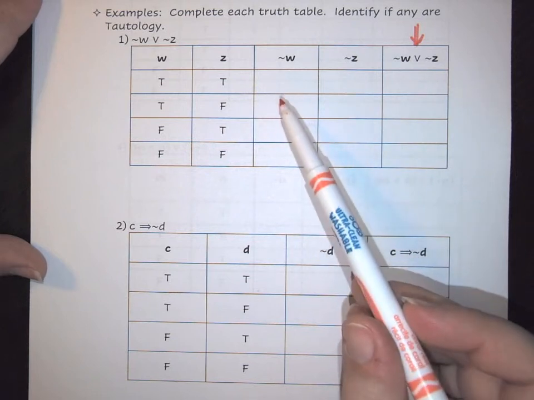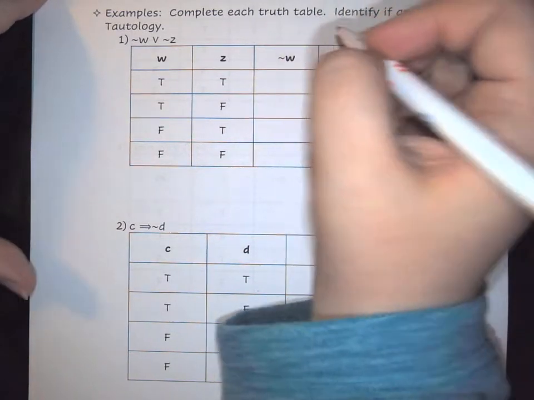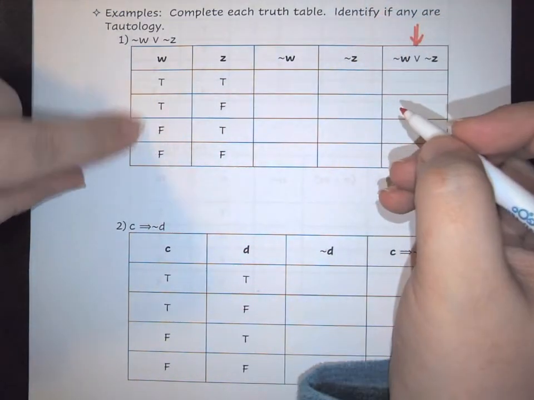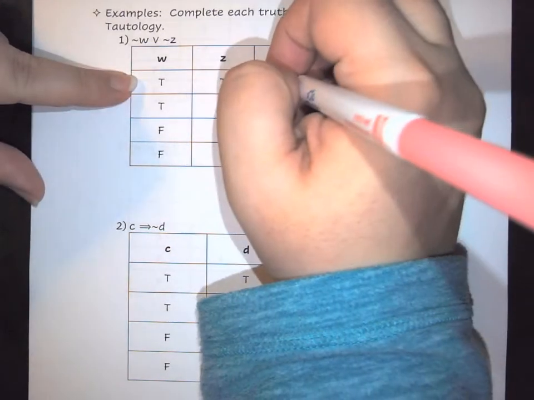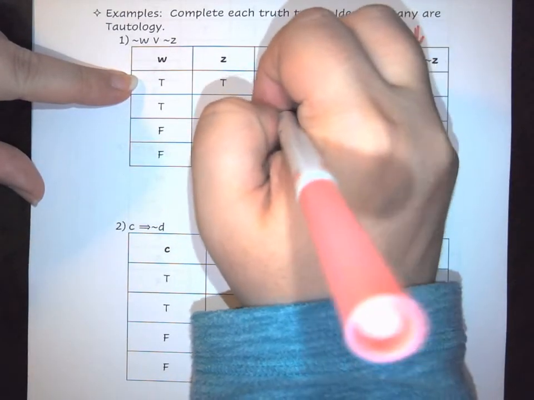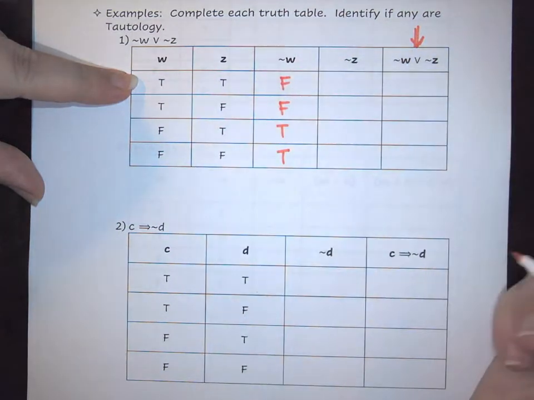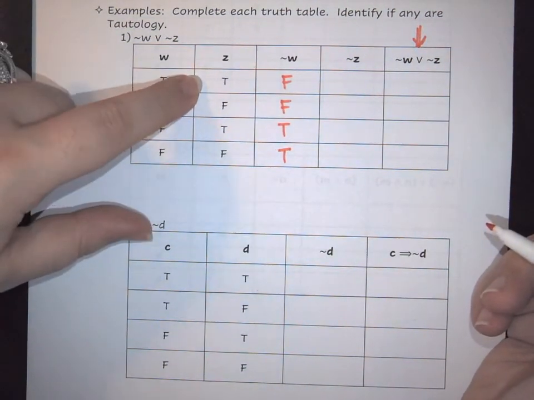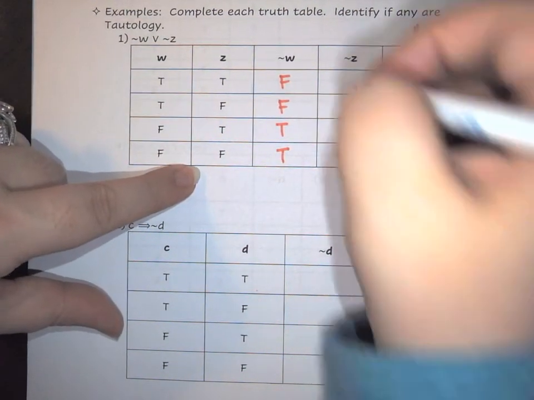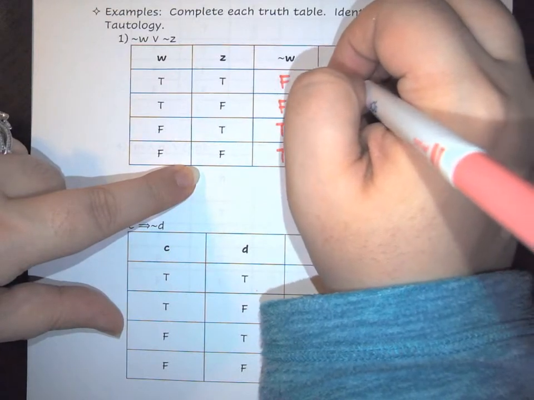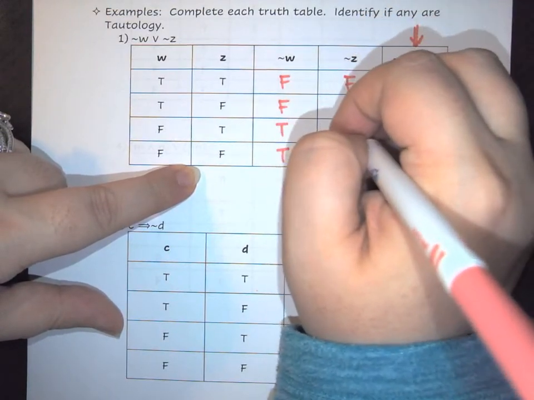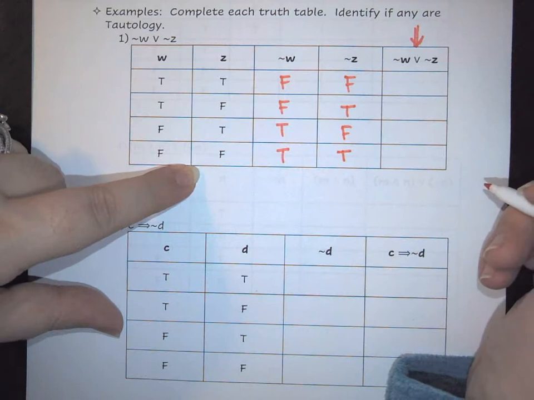So here we have not W means the opposite. So if my W starts true, true, false, false, then the opposite is going to be false, false, true, true. Same for Z. If I have true, false, true, false, then the opposite here becomes false, true, false, true.